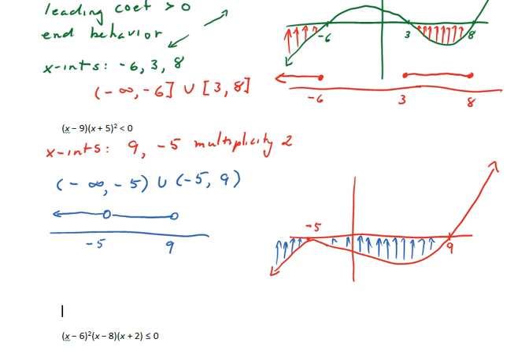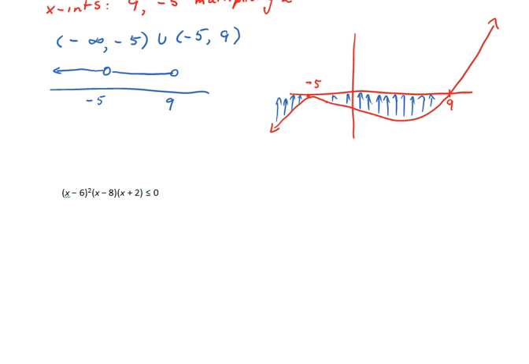So one last example. This is going to be 4th degree. Again, if we multiplied it out, the leading coefficient would be greater than 0. And so its end behavior is going to be similar to y equals x squared.